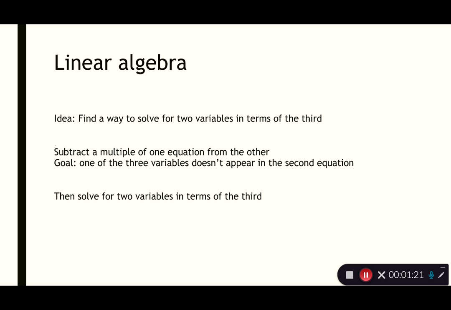The idea is, first step is we subtract a multiple of one equation from the other, and that's going to allow us to reduce the number of variables in the second equation so that it only involves two variables. And then we're going to plug those back into the original. We'll describe all the points on the line in terms of one of the three coordinates. So this is a little bit to describe using words. What you really have to do is see it in action to some degree.